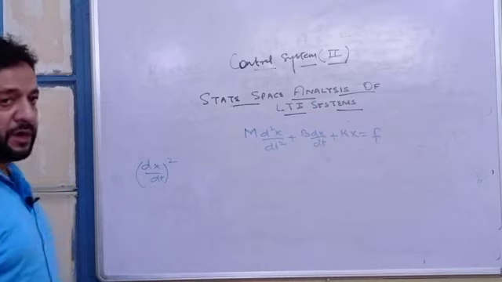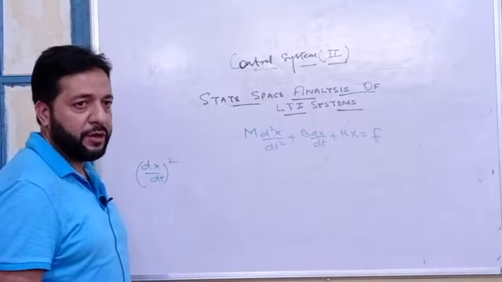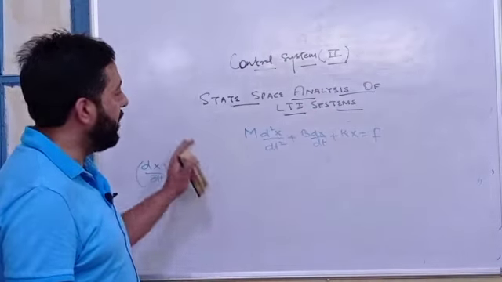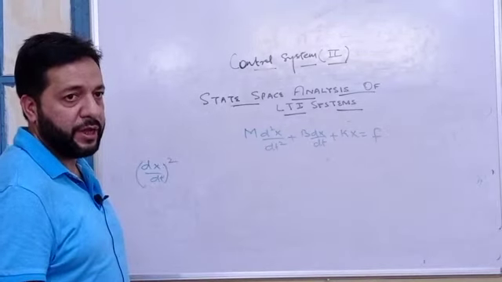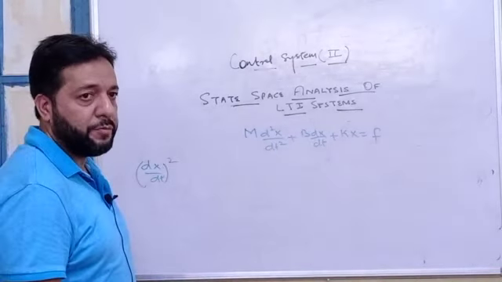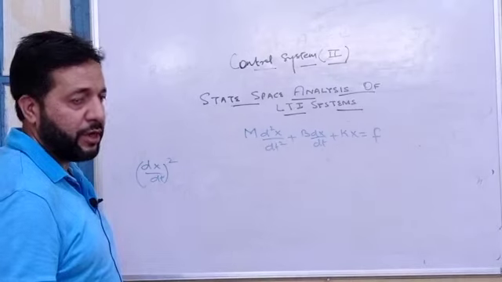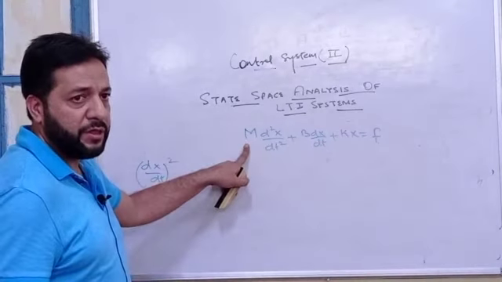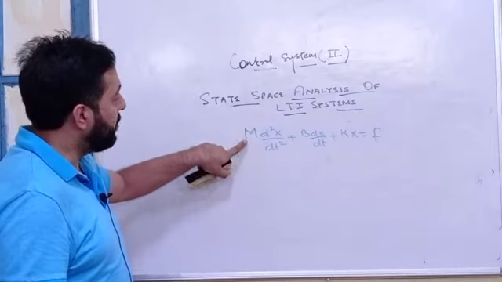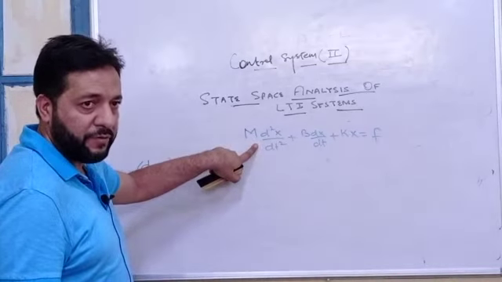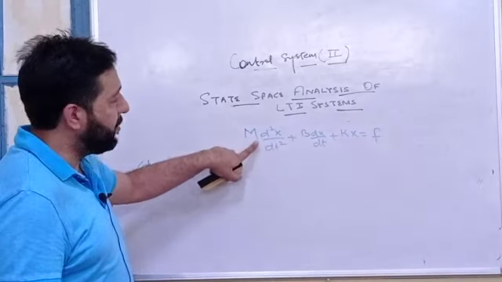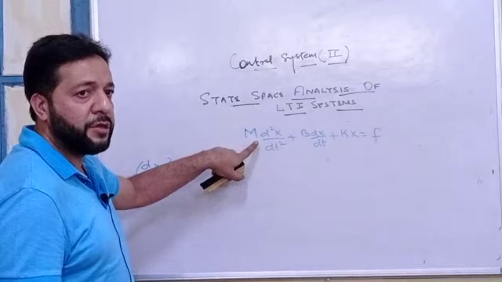If I am asked to obtain a state space model, we don't yet know what state space is. I just want you to have a look at what the state space model looks like. If I am asked to obtain its state space model, what is the procedure? This was basically a physical system, a spring mass damper system. First we wrote its mathematical model in the form of an equation. Now for the same equation I am being asked to obtain its state space model.